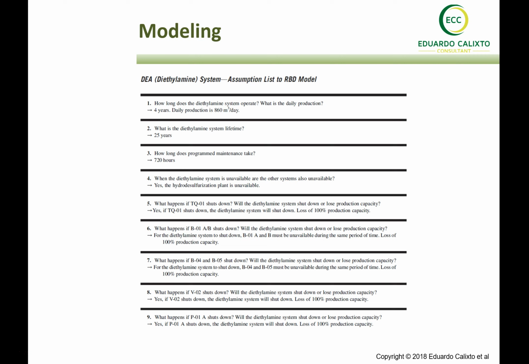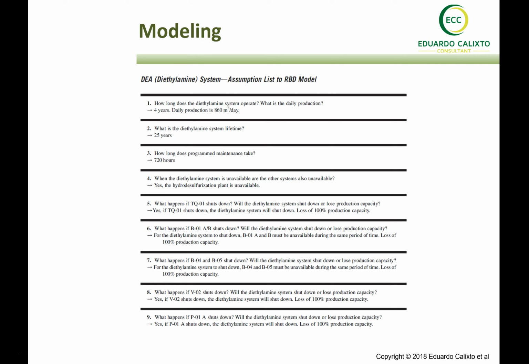Why is it important to have an assumption list for an RBD model? Because the assumption list is a document that supports your RBD. After some months or years, if someone looks at your model and there were modifications in the process plant, or even in the design, they can understand that your RBD model is based on the design configuration of the system at that time, and the assumptions of the model are defined here very clearly.